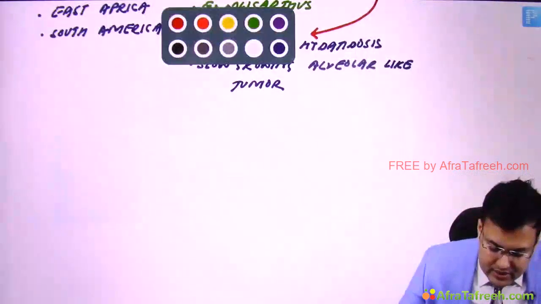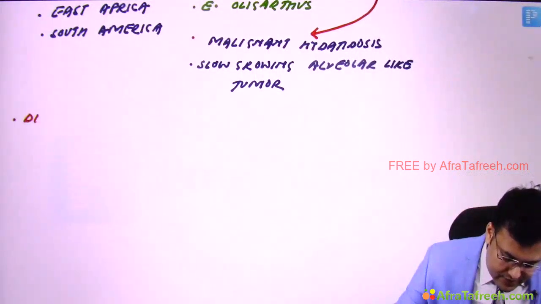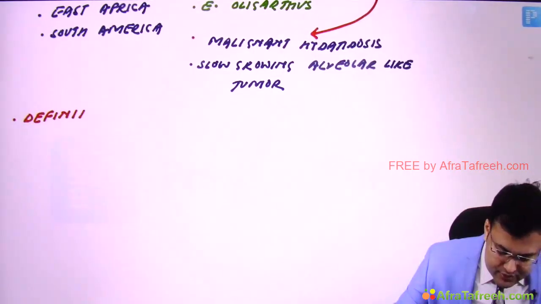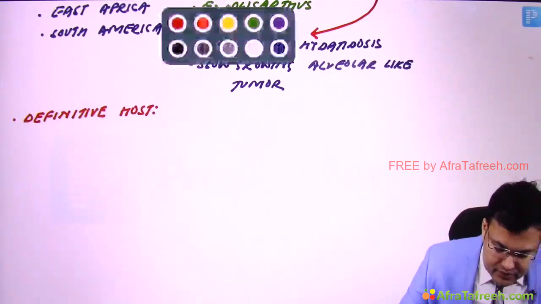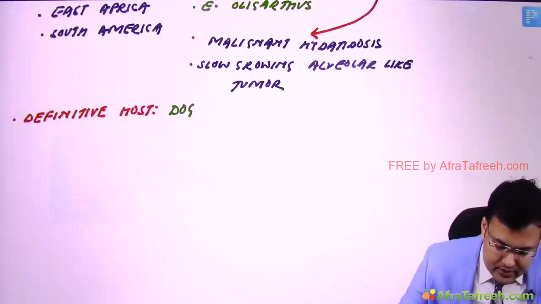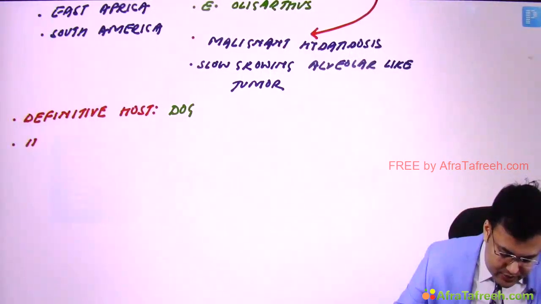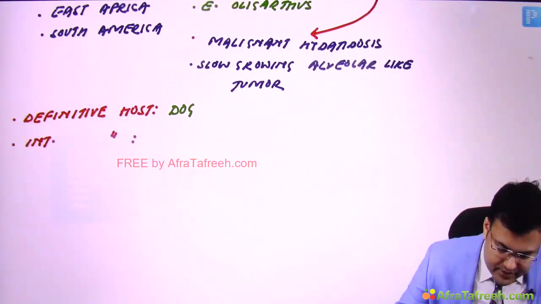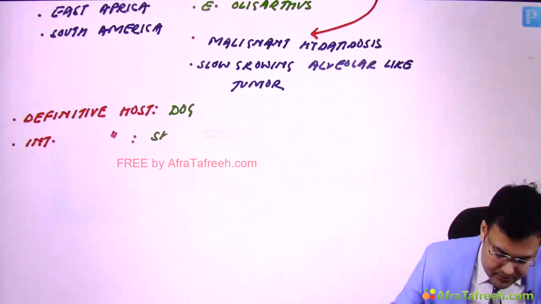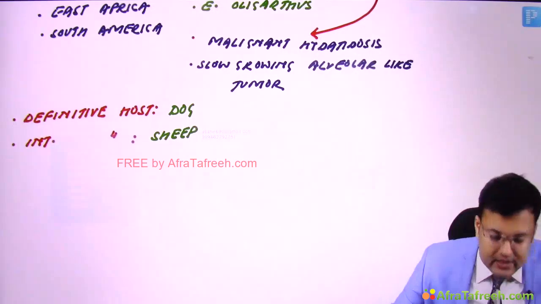So the questions related to host: what is the definitive host? Definitive host, it's dog. Intermediate host is the sheep, and the question is asked related to man.